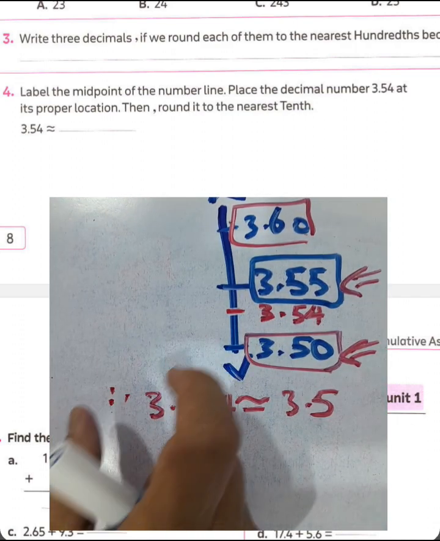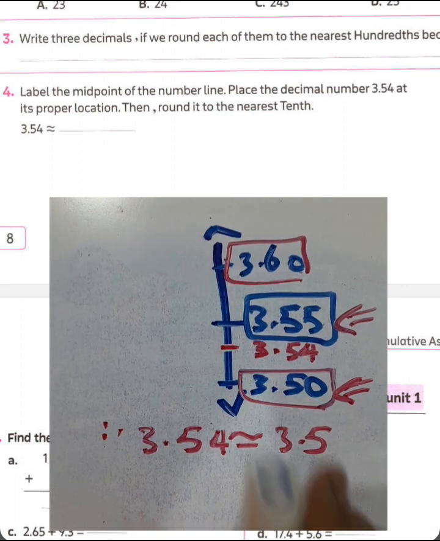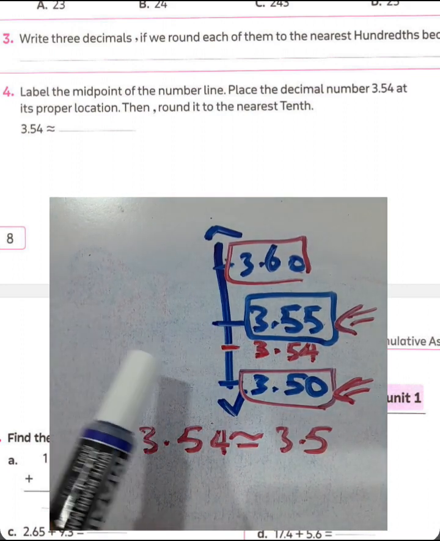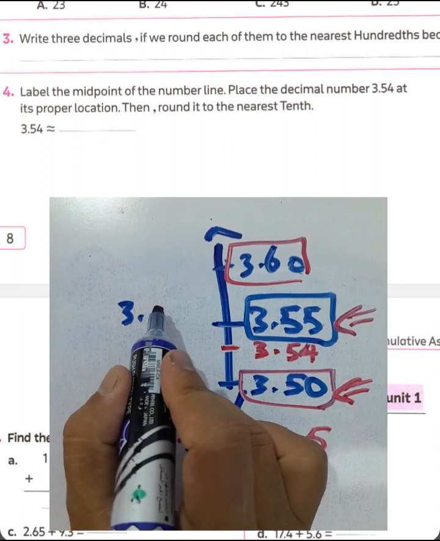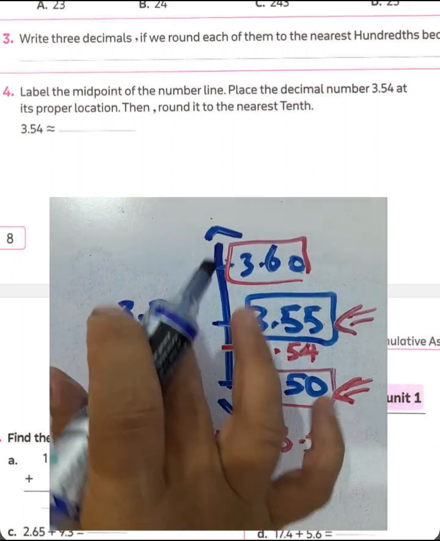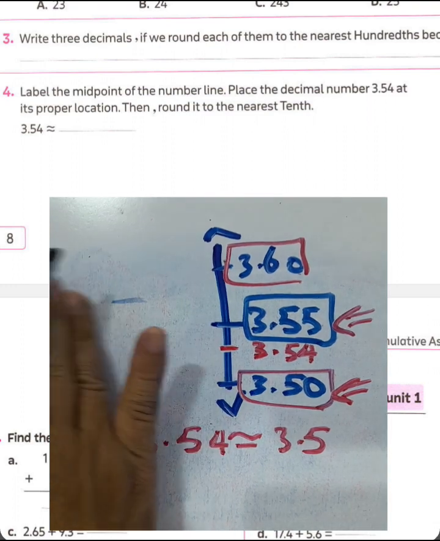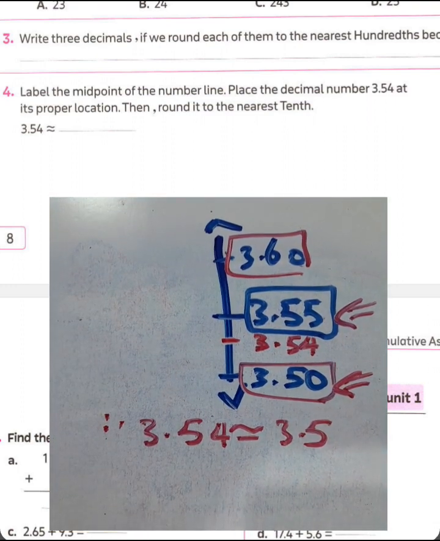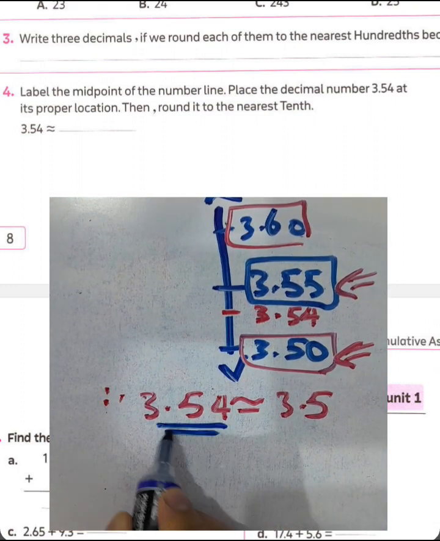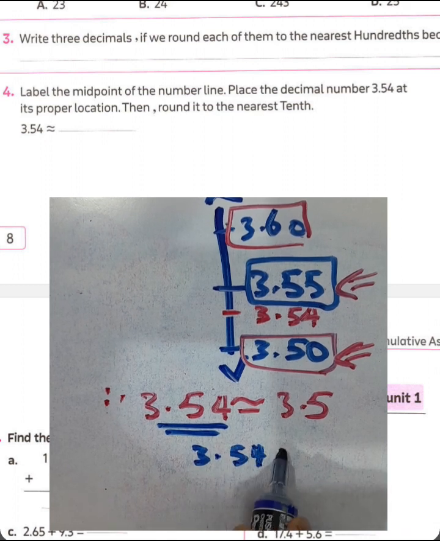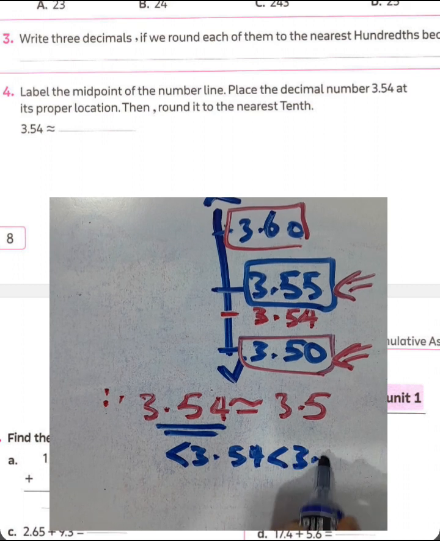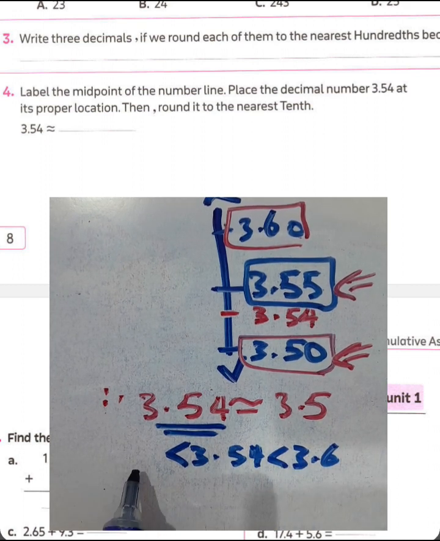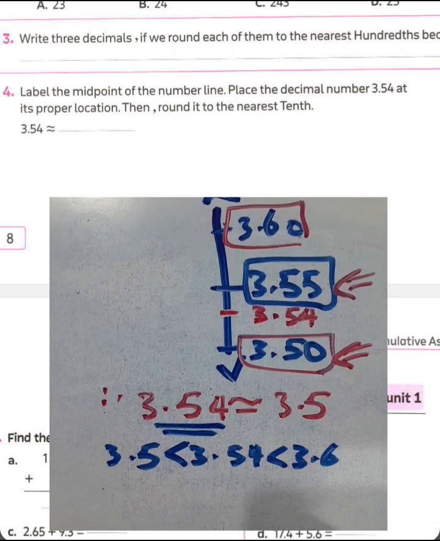You must do these steps. Draw the number line vertically and write the first digits. We know 3.54 lies between two numbers: it is less than 3.6 and greater than 3.5.